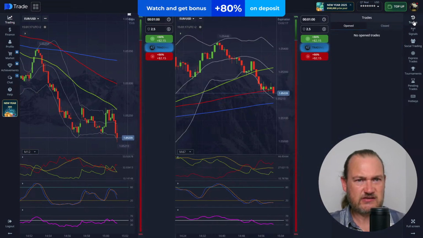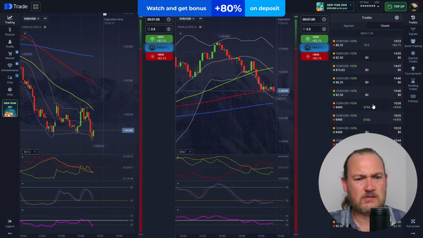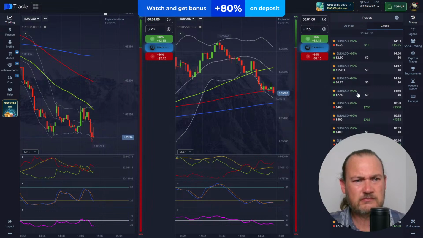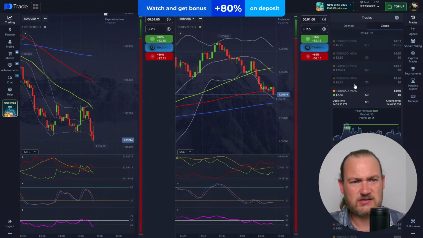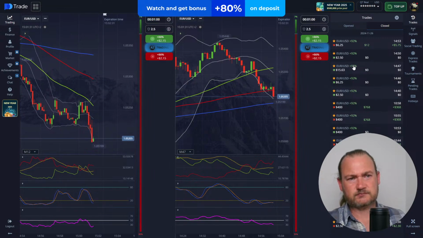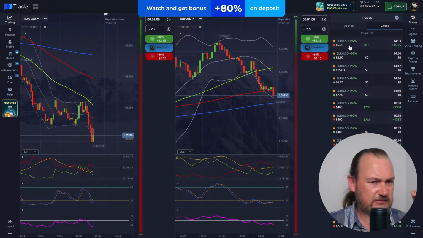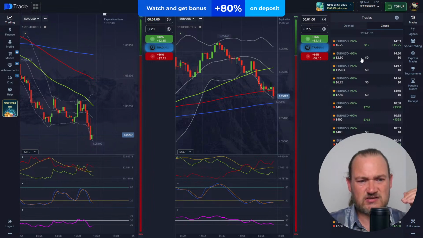Let's have a look at our history here. Okay, so we had our Martingale trades. No, wait. We lost our first one, so we still need to recover that, and we won our second Martingale trade, which kind of sucks.